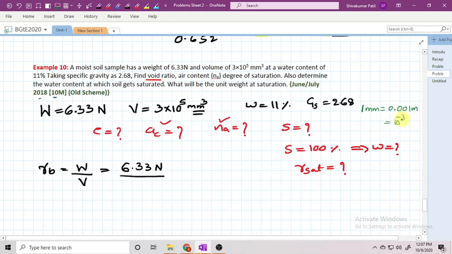Since volume is in cubic meter, that means 3 plus 3 plus 3, that is 9, so that is minus 9. So plus 5, if you convert, then it will become 3 into 10 to the power of minus 4 meter cube.